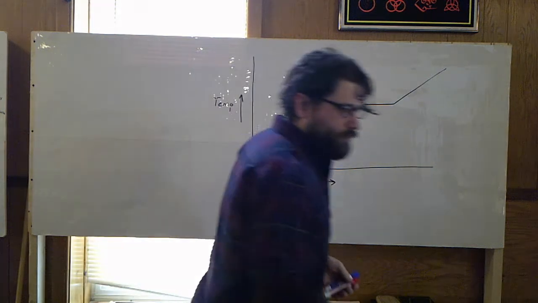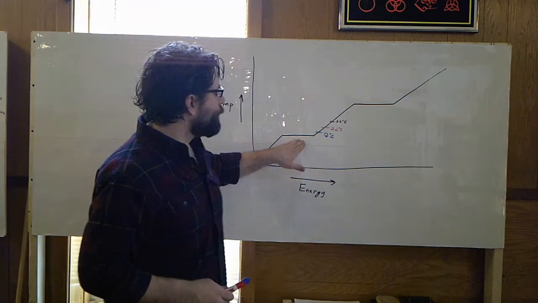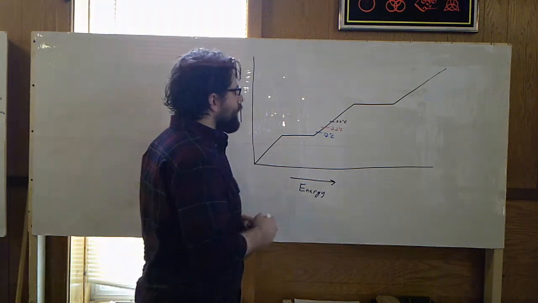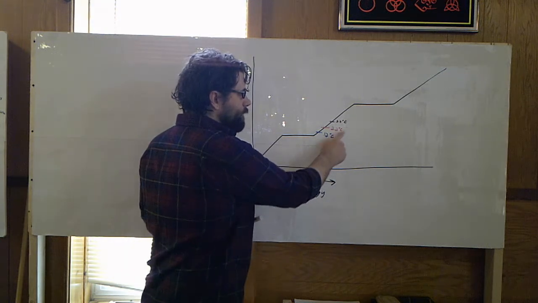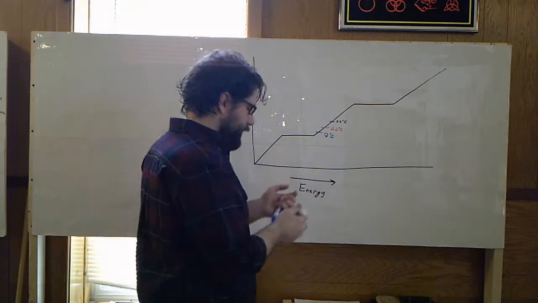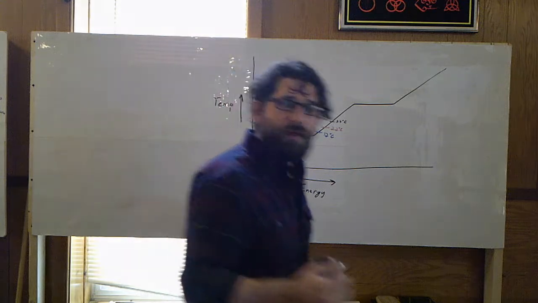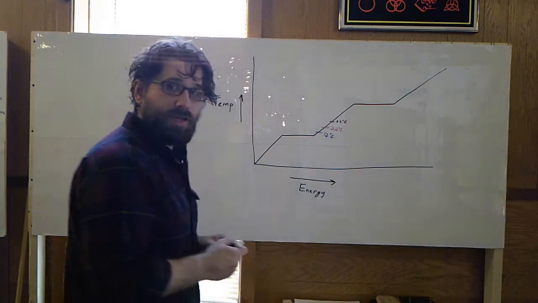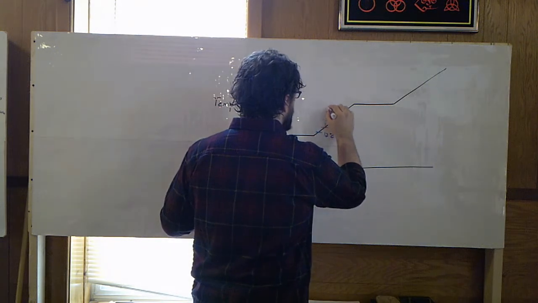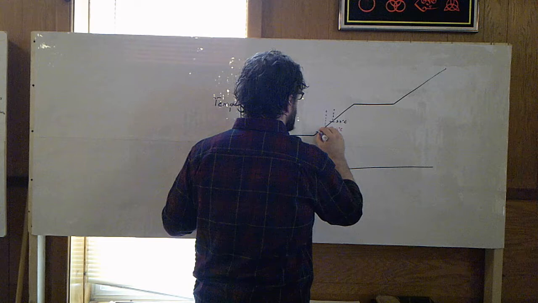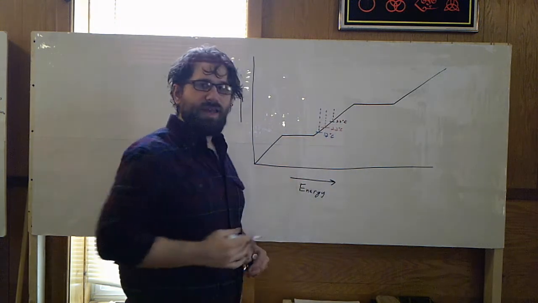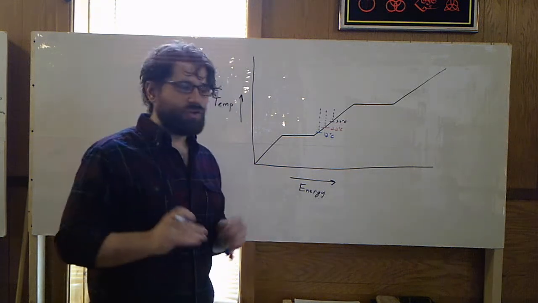So at this part of the graph, we don't have any freezing, we don't have any boiling. That's very helpful to us, because what that means is we can track our change in temperature and see that that is also a change in energy, that it is a very closely correlated value. So looking at this, I would say the distance between these dotted lines on the x-axis, that's going to be a change in energy.